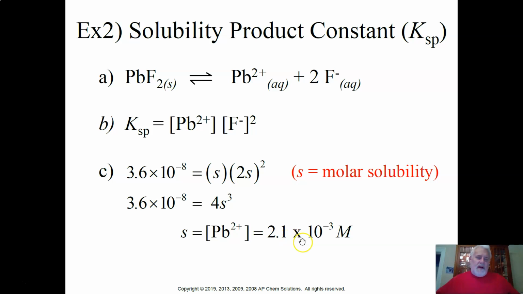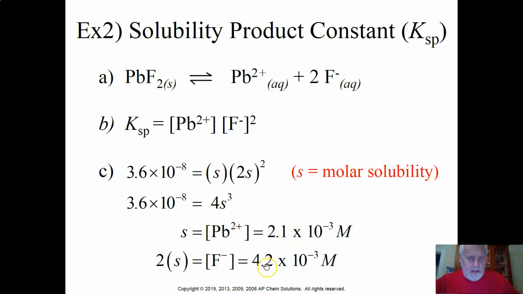Okay, and remember that your calculator will say 0.0021. If it's off by a tenth or so, don't get too bent out of shape. I'm not positive that that's the right answer, but obviously it's going to be real close to that. So that's how we figure out what the lead is, and then if you want to figure out the fluoride, all you got to do is double that number. The math is actually pretty easy.